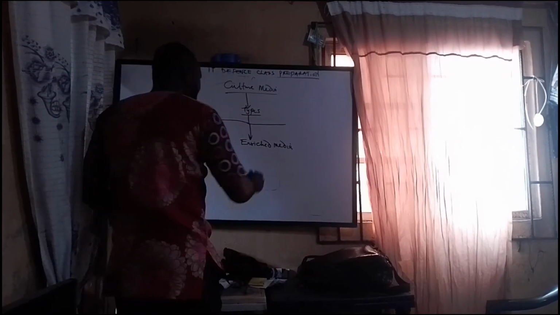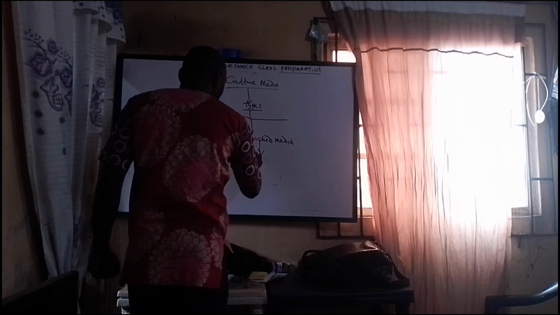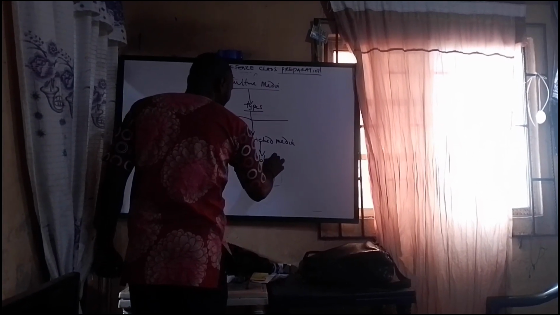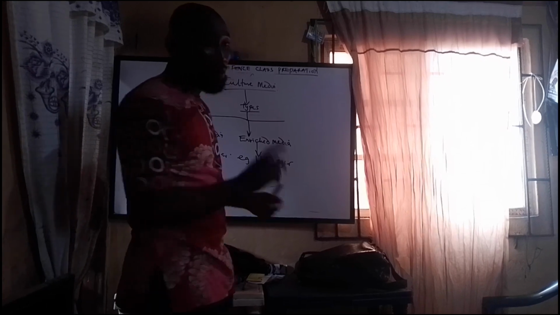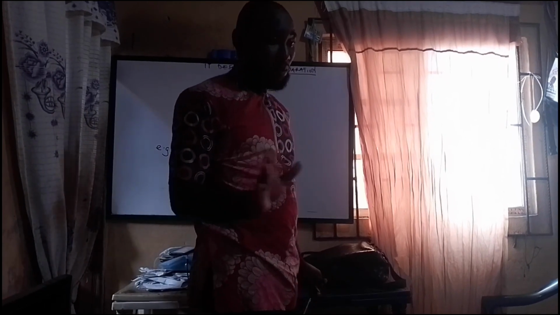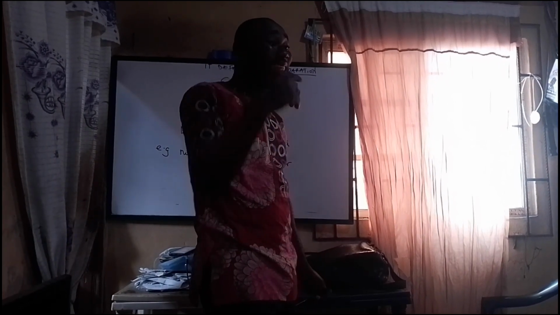For example, we have blood agar. Now there are some tests you want to run in the lab that require blood culture. Maybe there are some infections that are inside the blood.